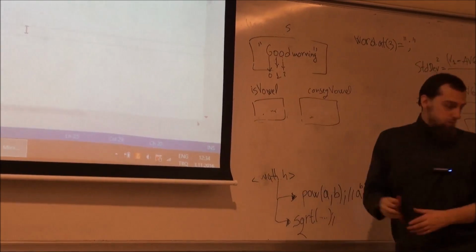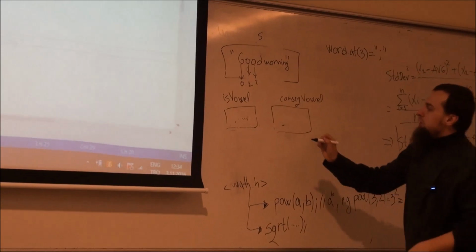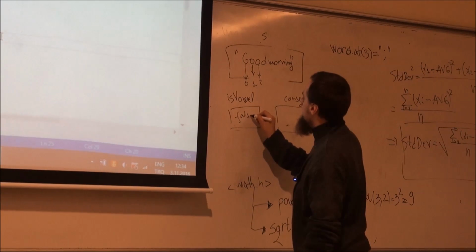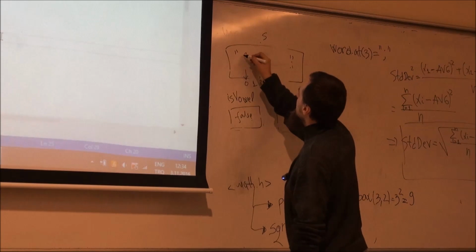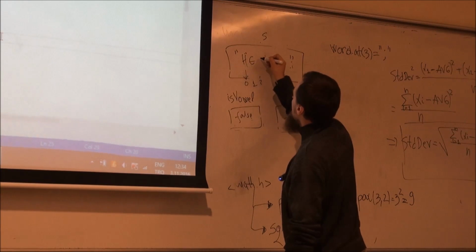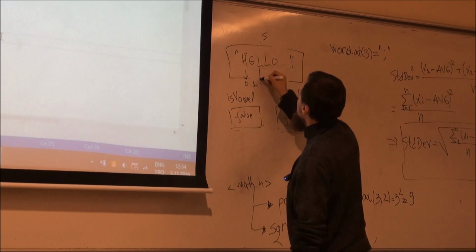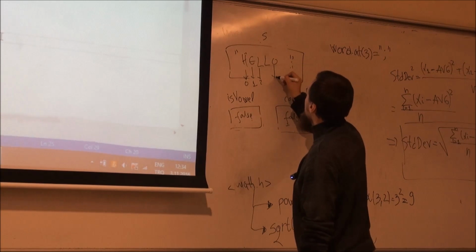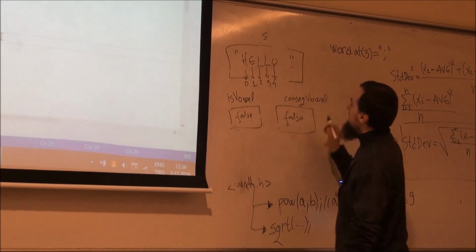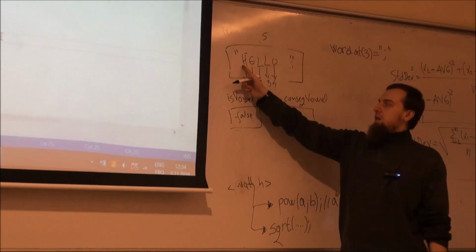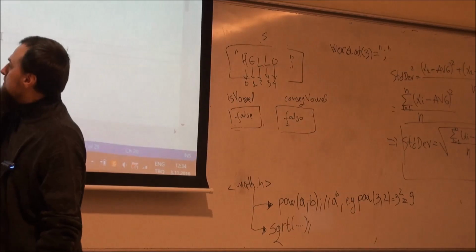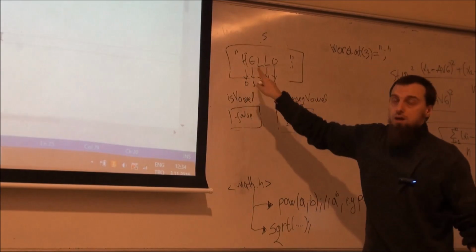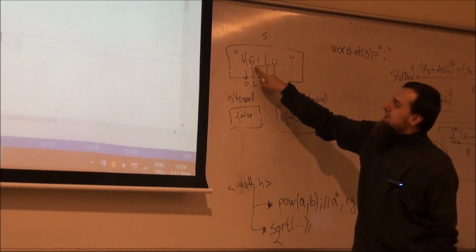So, initially, we don't have any vowels found. False. False. Let's say that I'm using the string hello as an input. Now I'm checking. Is H a vowel? No. If it's not a vowel, none of those cases apply, then I'm saying isVowel is false, but it's already false. Now I'm going to the next case, and I'm checking, is E a vowel?